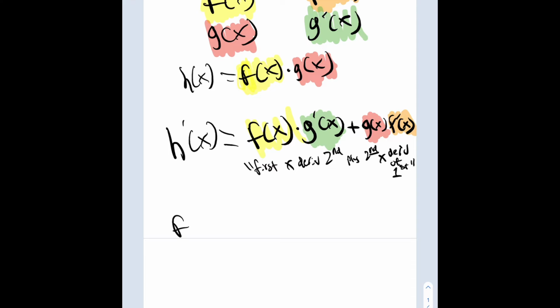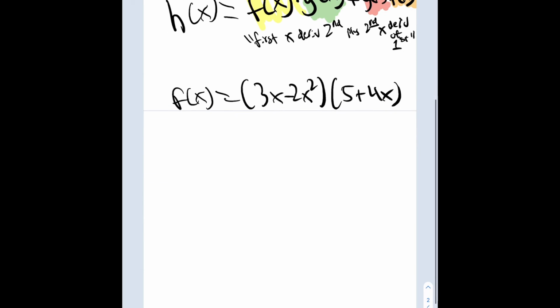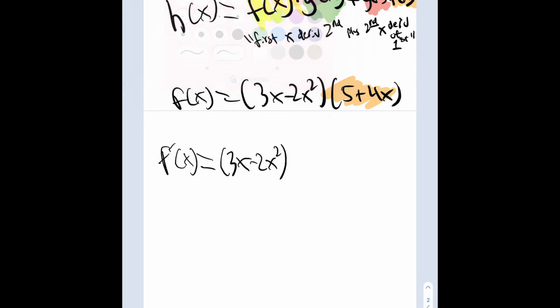So if we look at an example, f of x equals 3x minus 2x squared multiplied by 5 plus 4x. Setting it up, I'm going to take the first function, 3x minus 2x squared, times the derivative of the second. What is this derivative?